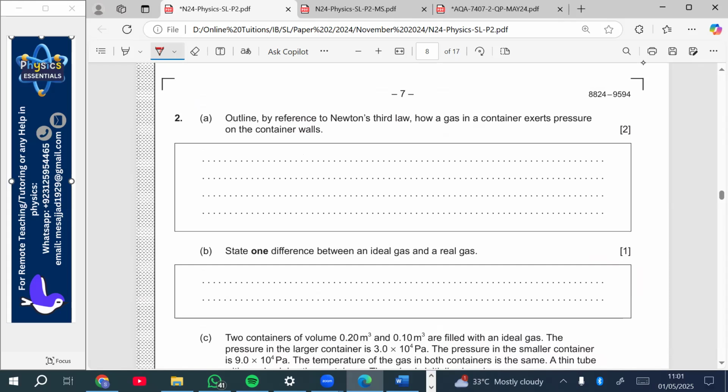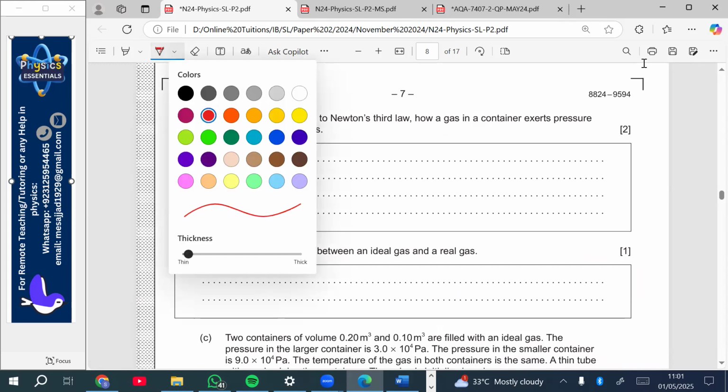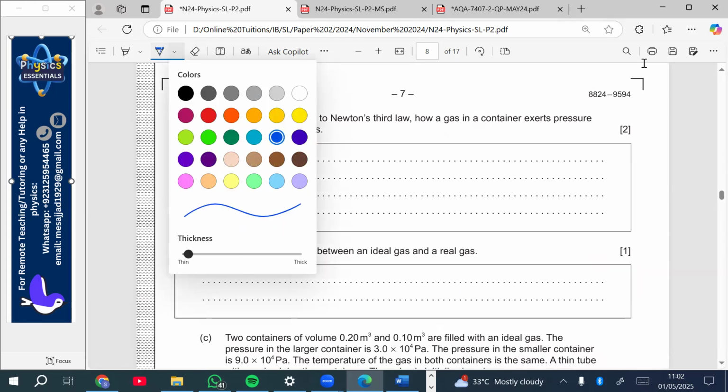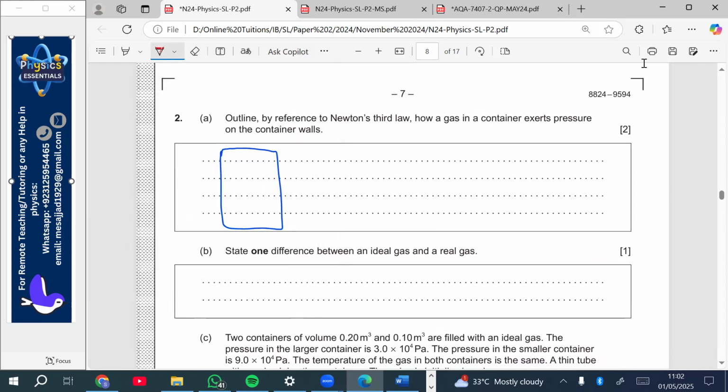Outline by reference to Newton's third law how a gas in a container exerts pressure on container walls. Okay, so consider that this is your container, and consider that the molecule is coming and hitting it with this momentum mu.